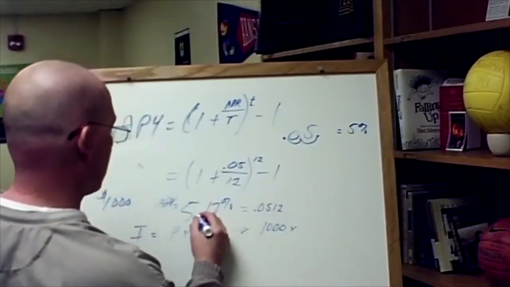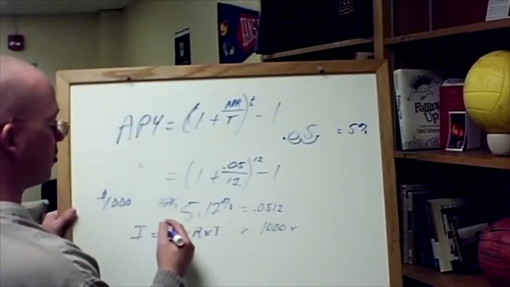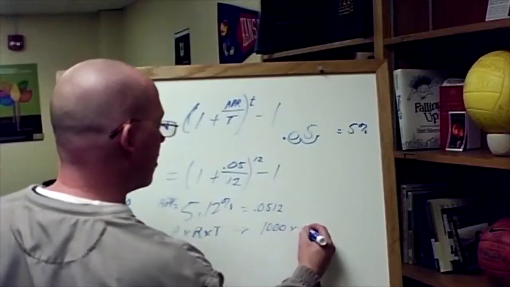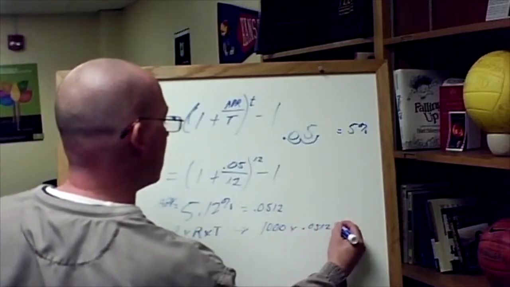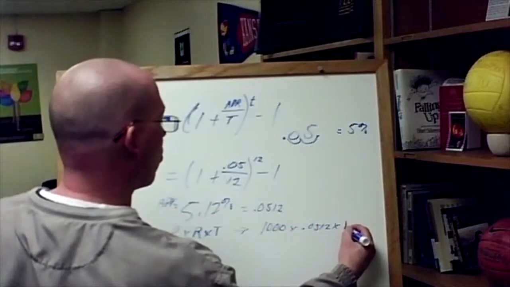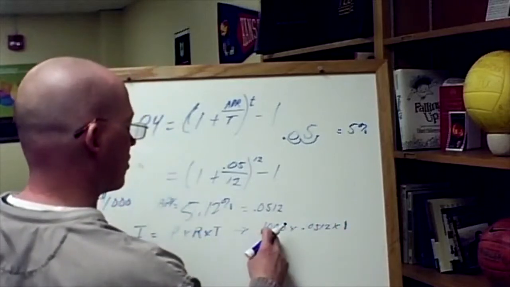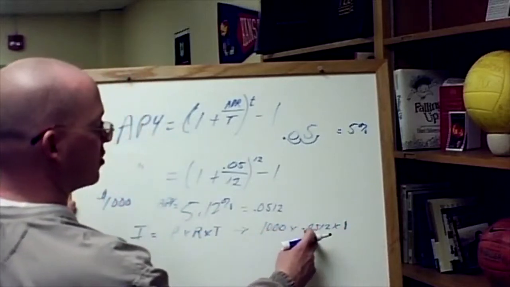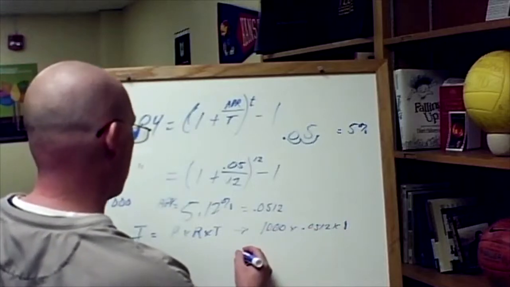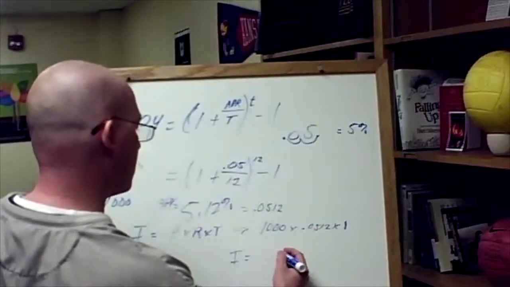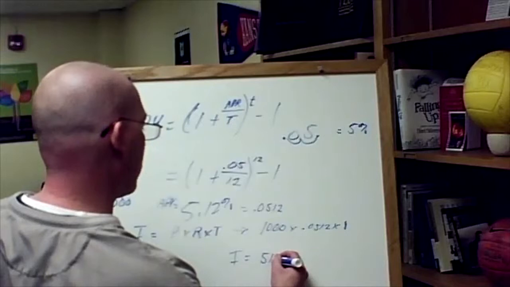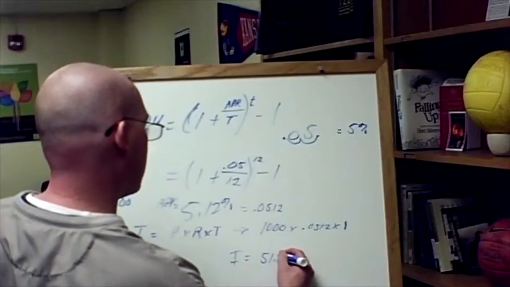So you got to convert that to a decimal, which means you're moving that decimal back over to the left 2 places. 0.0512 times time, it's only 1 year. So really you're taking the 1,000 times the 0.0512. Your interest is equal to $51.20.